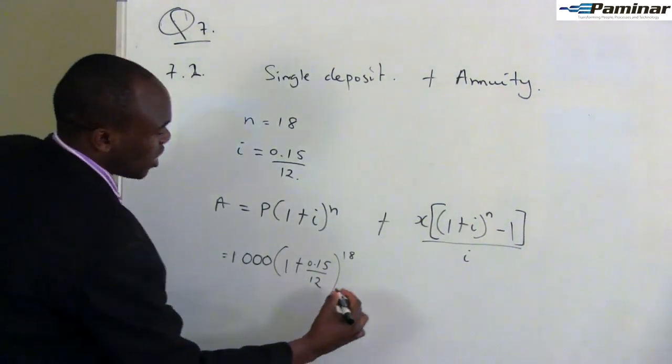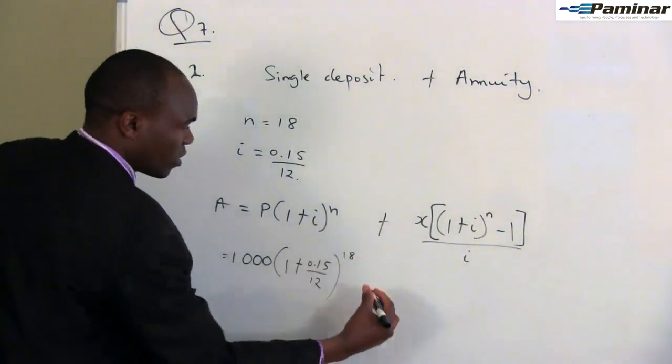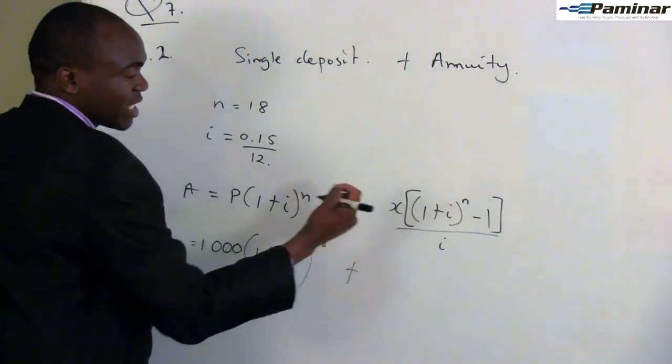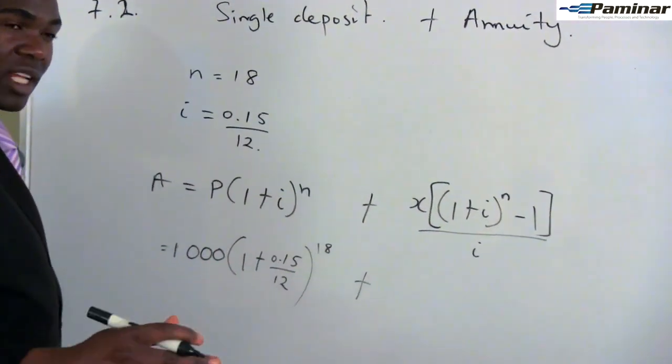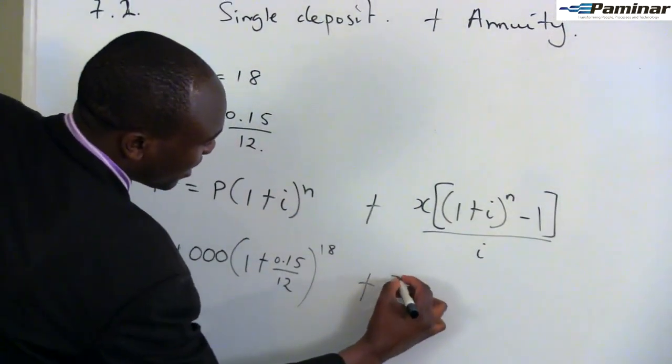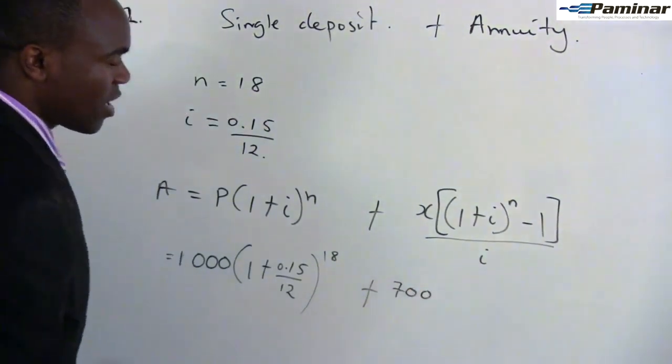That's it. Then we also incorporate the one for the annuity. X means the regular payment, the amount of money paid every time, which is our 700 that is paid at the end of every month.